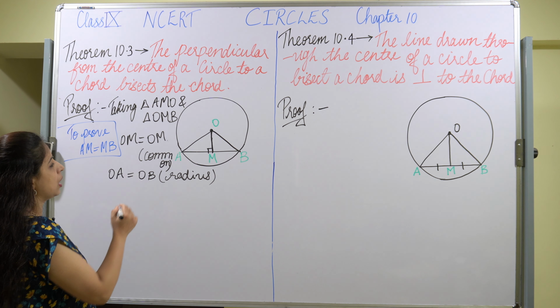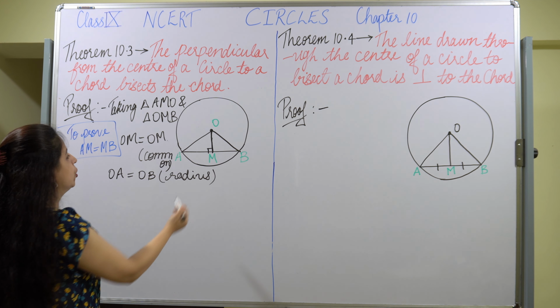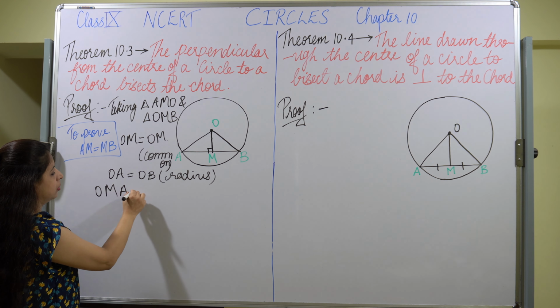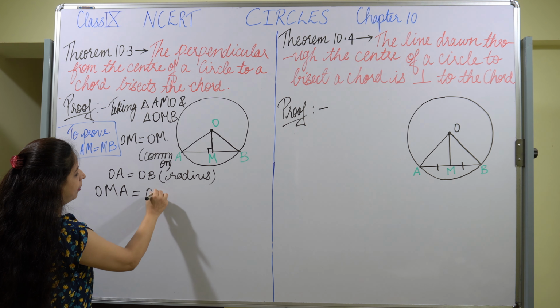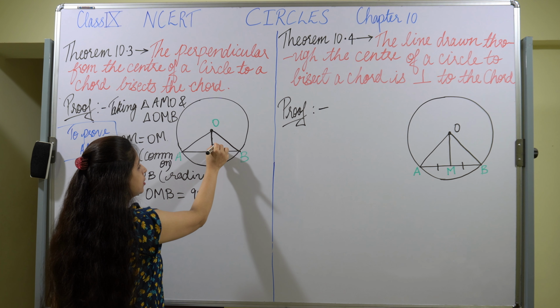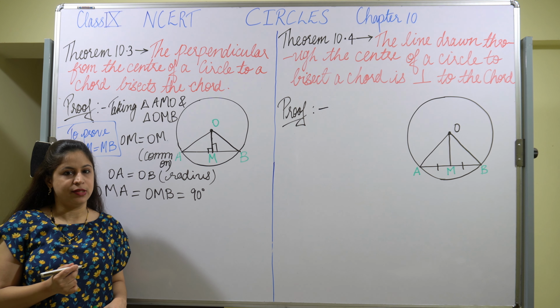And it is given to us that the perpendicular is drawn, so angle OMA is equal to OMB is equal to 90 degrees. Because it is given that it is perpendicular, the angle formed here is 90 degrees.